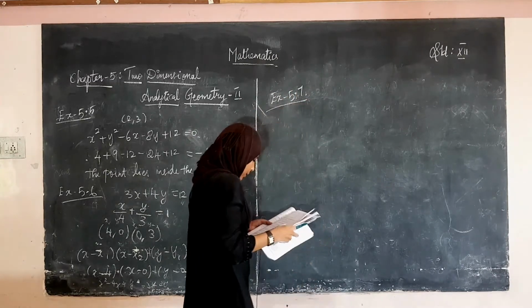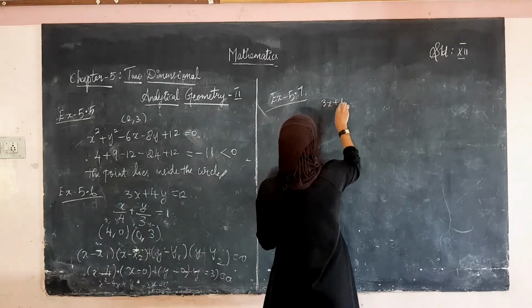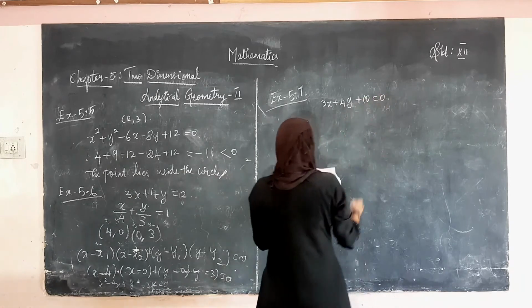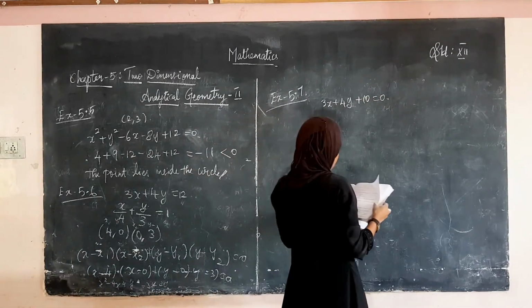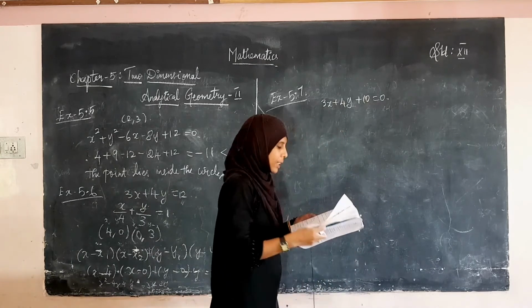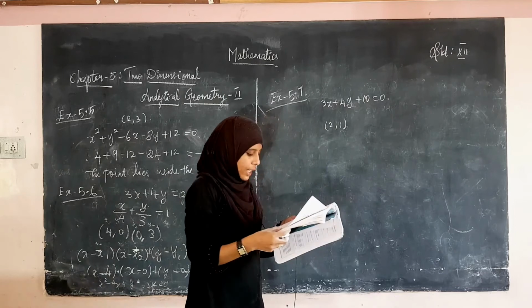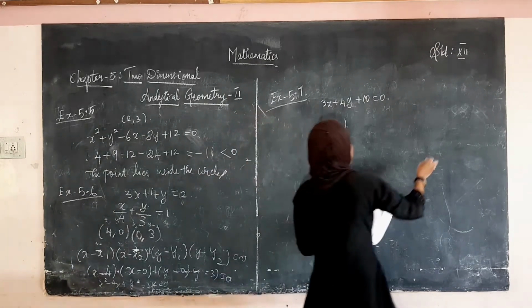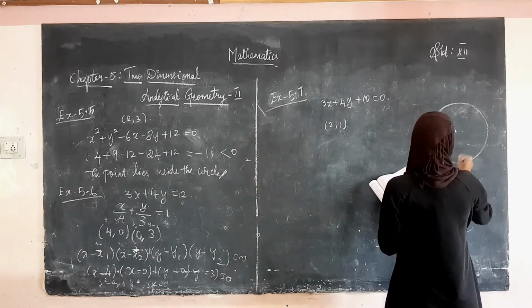Example 5.7. A line 3x + 4y + 10 = 0 cuts a chord of length 6 units on a circle with center (2, 1). Find the equation of the circle in general form. Okay, so this is the circle and this is the center.